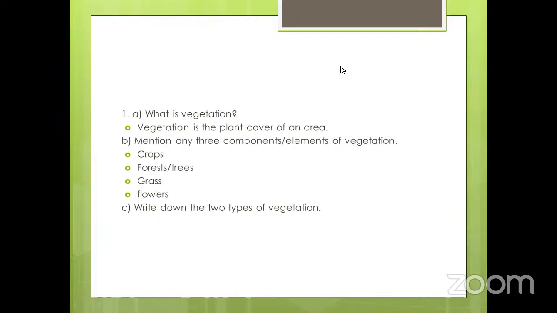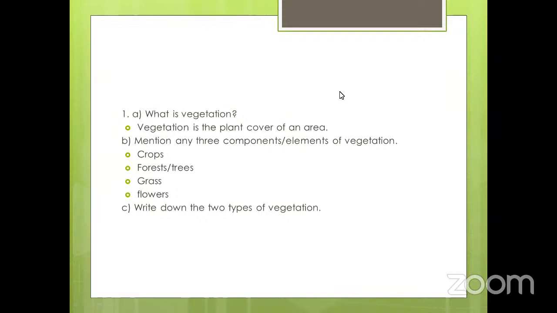Yes, can we have someone give us the response? Who can tell us the types of vegetation? Members, let's contribute. Types of vegetation. Yes, Dan?